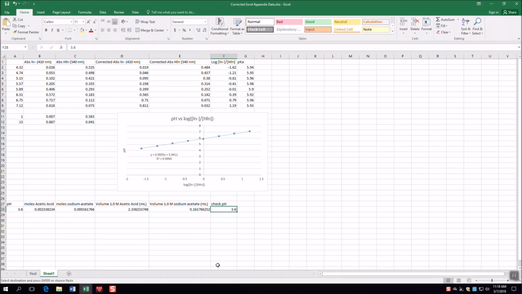And make sure that you include this last column here, which uses the volumes and converts them to concentrations in order to sub in the Henderson-Hasselbalch equation to double check your numbers, because this pH should be equal to this pH. We use this one to solve for these moles and these volumes, and then we use those volumes to solve for the pH using the Henderson-Hasselbalch equation, just to double check our work.